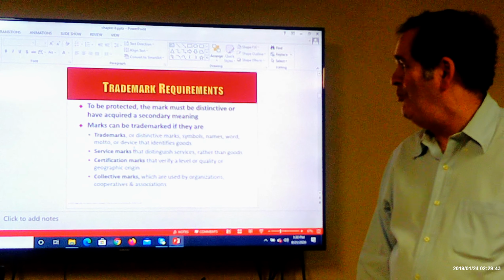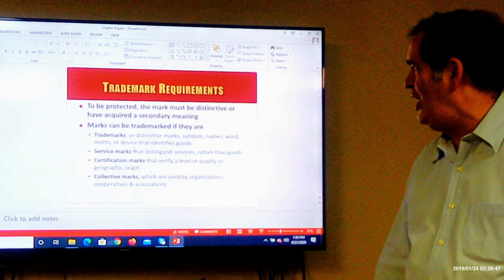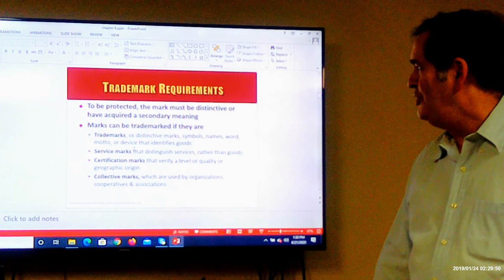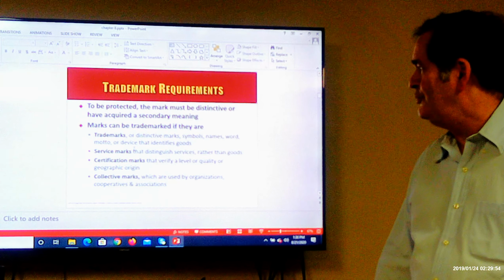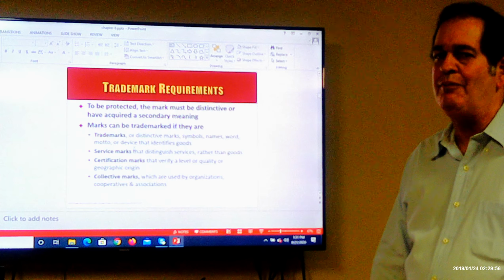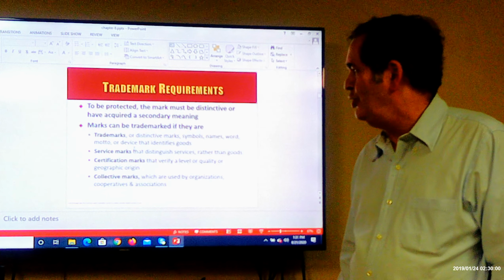So marks can be trademarked if they're trademarks, which is a distinctive mark, symbol, name, word, or motto, or device that identifies goods. Or it can be a service mark. In other words, it doesn't deal with a product, but deals with a service and distinguishes that service.